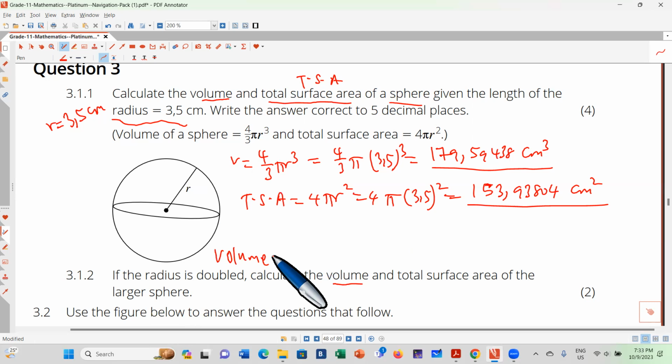Okay, so we continue. What is the volume of the largest sphere? The volume of the enlarged sphere. So we continue.